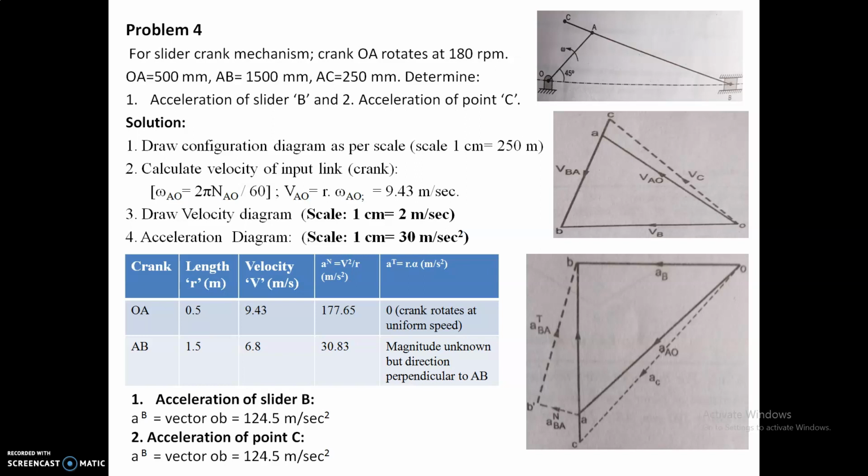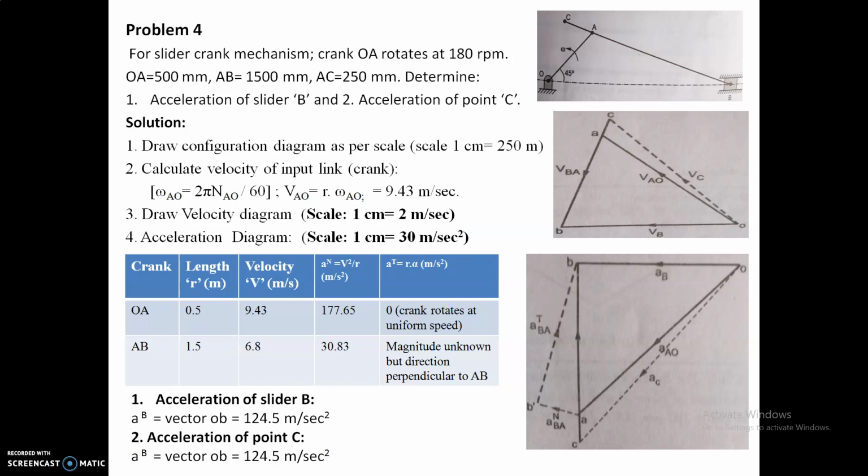In this way, you have to draw the configuration diagram by the scale. You draw the velocity polygon as per the velocity of the crank. Then you draw the acceleration polygon as per the scale, and that scale is based on the normal component of the crank.